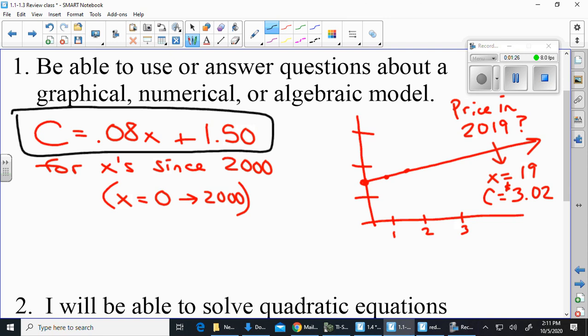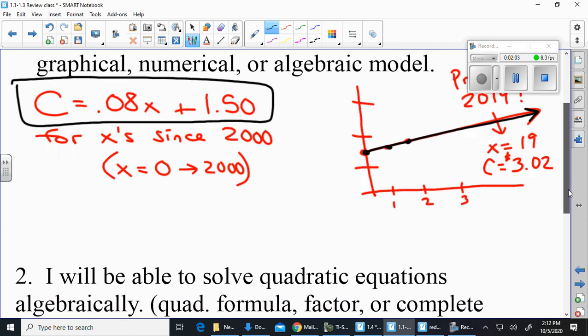If I said to graph that, you could find some points starting at 2000, which would be 0, plug in 0, plug in 1, plug in 2. Obviously, that's a linear function, y equals mx plus b. If I asked a question like, what's the price in 2019? Since x is years, I would plug in 19 for x, and get $3.02.